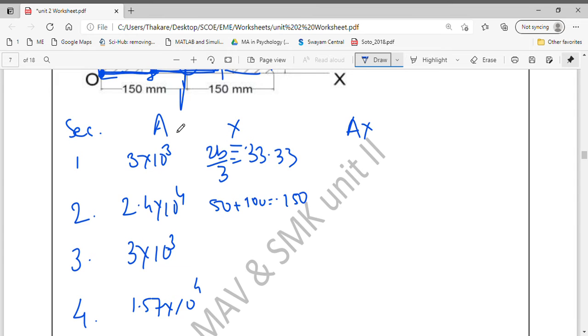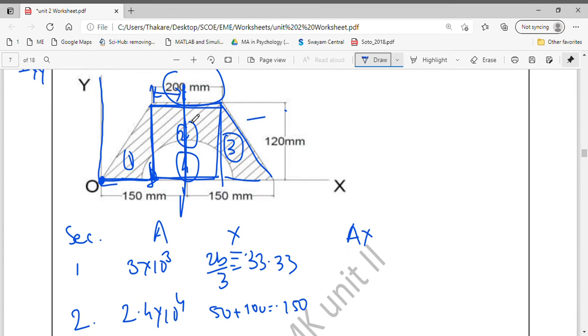Then for this another right angle triangle, we know that for a right angle triangle, from its 90-degree का angle, the vertical centroidal axis is at b by 3. So this will be 50 by 3 plus this much distance.